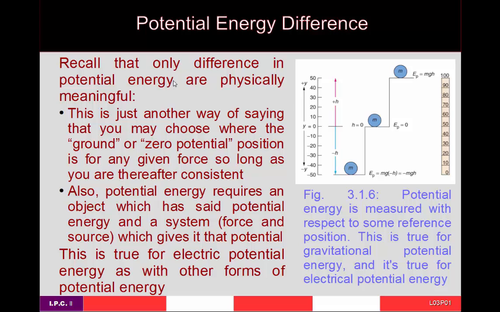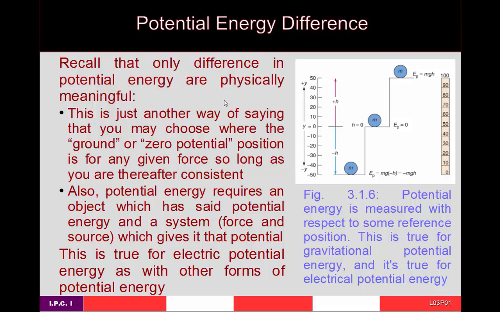Well, recall that as with potential energy in general, what matters is not necessarily the absolute potential energy at some point. In fact, that's usually a meaningless term, especially when talking about, for example, gravitational potential.